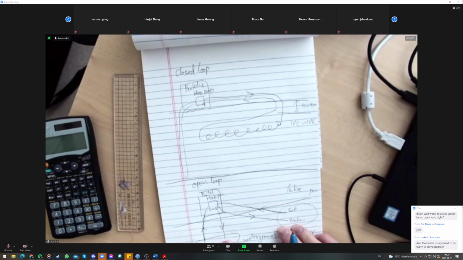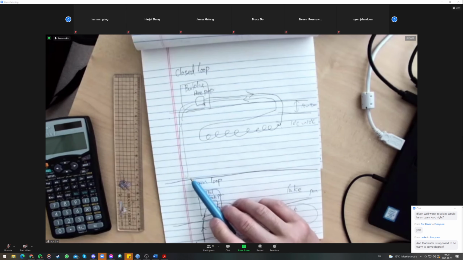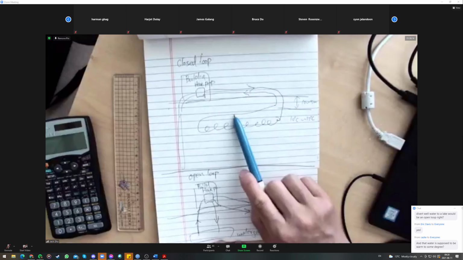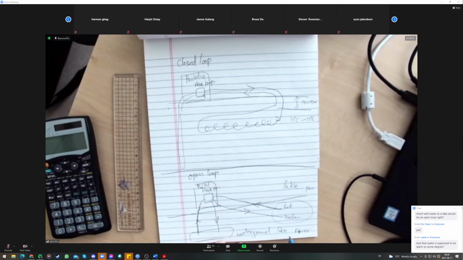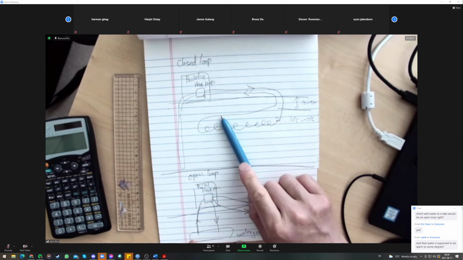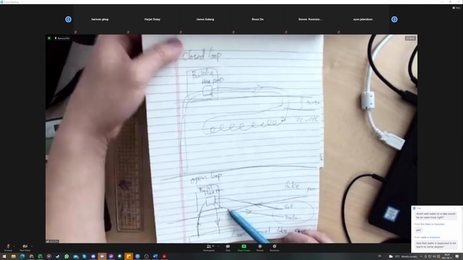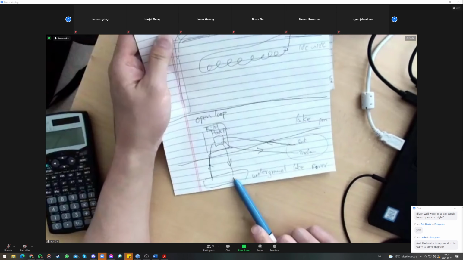And when you dig those trenches deeper, you might reach somewhere much warmer. So the closed loop system is the preferred way, even if you have an underground lake or something.